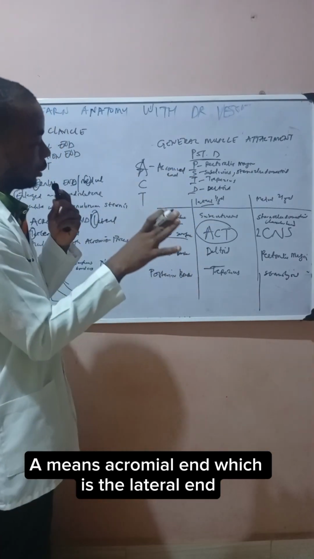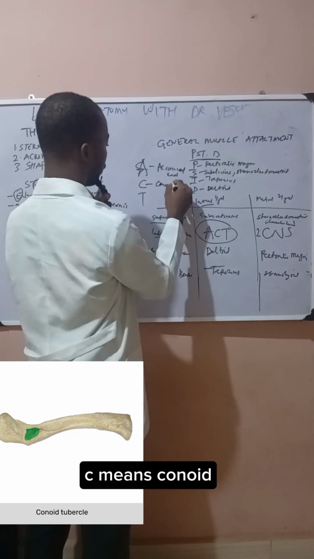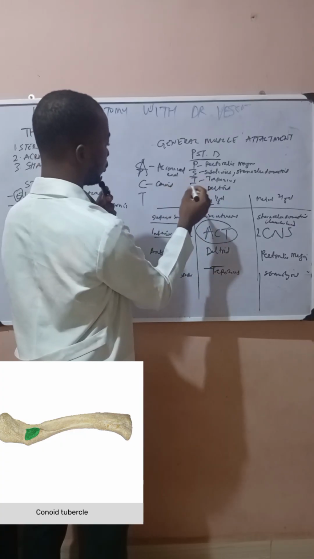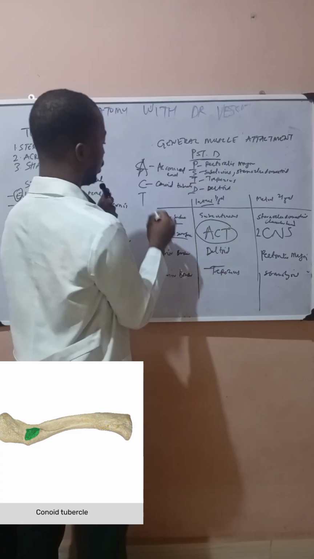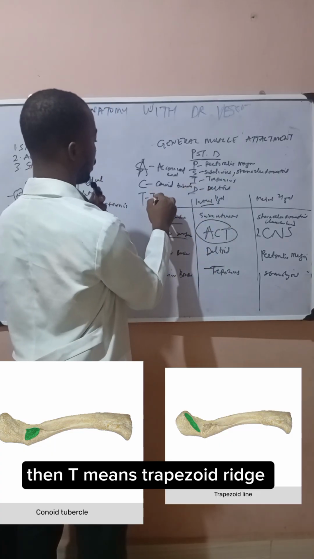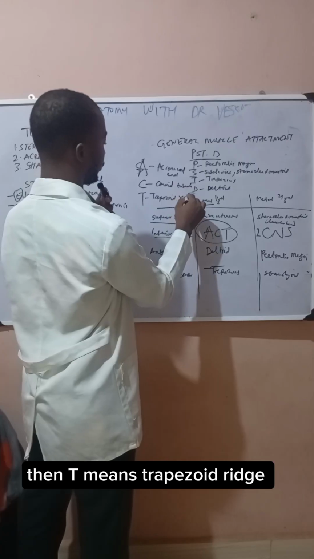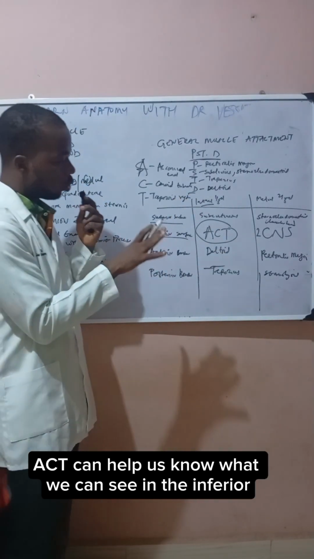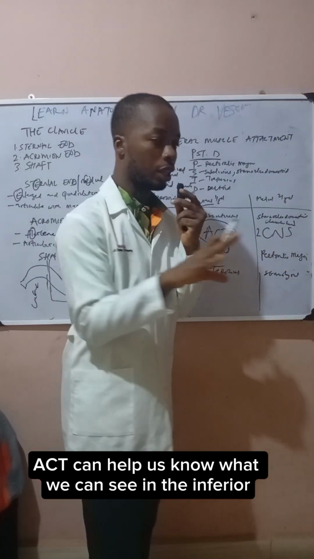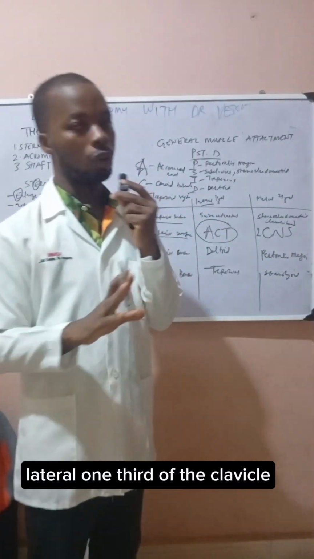A means acromial end, which is the lateral end. C means conoid tubercle. Then T means trapezoid ridge.